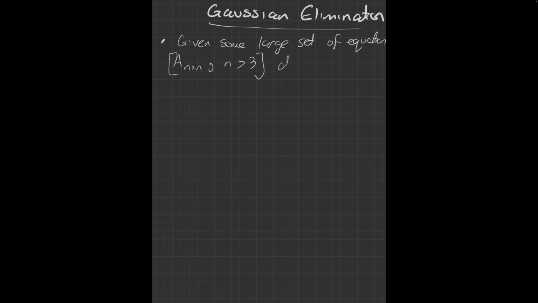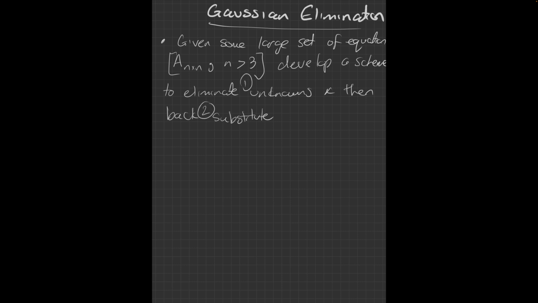the idea behind this is we develop a scheme to eliminate unknowns and then back substitute. Eliminating unknowns is the first step, and back substitution is the second step.